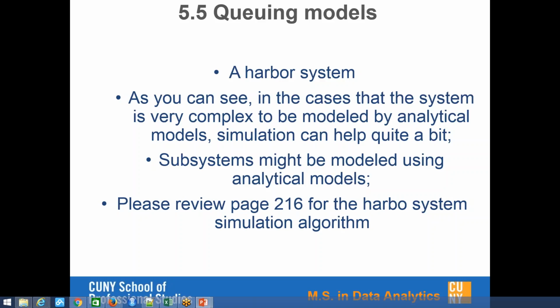For example, I mentioned in the last class, in a supermarket like Target, you can model the arrival process of the customers as a Poisson process, and you can model the service time for the single server as exponential, and then you can use an M/M/1 queue to analyze the behavior of the checkout counter.